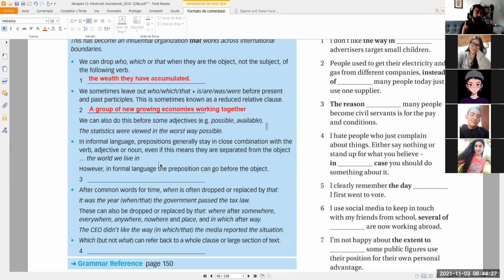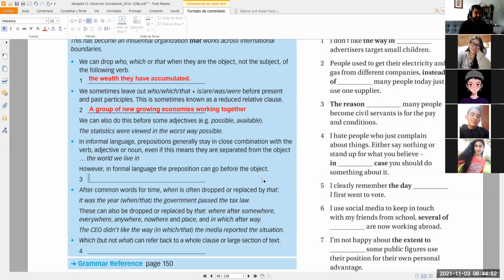However, in formal language, the preposition can go before the object. So that being said, guys, which would be the number 3? This is very easy. This is the easiest, I'd say. No idea? Which means they come.